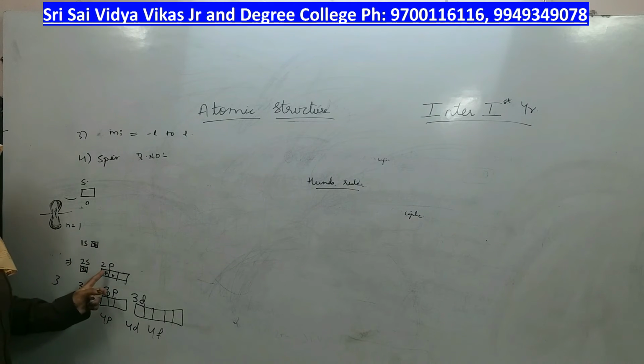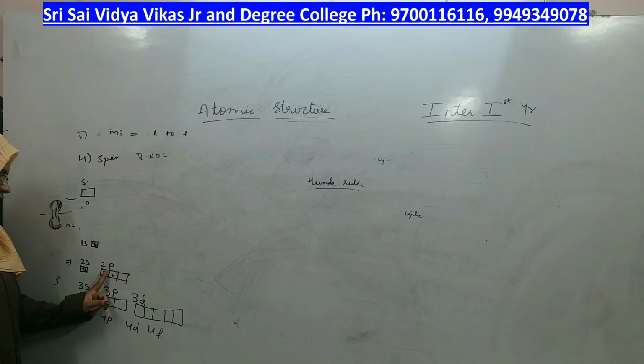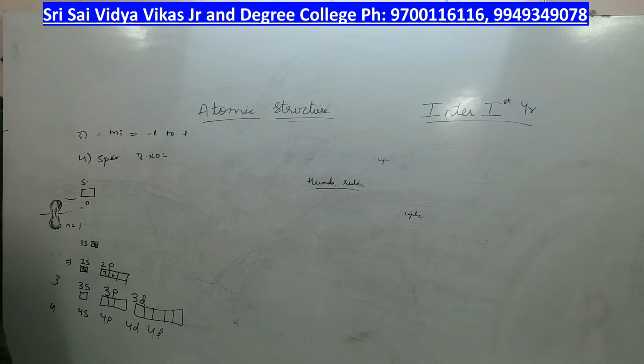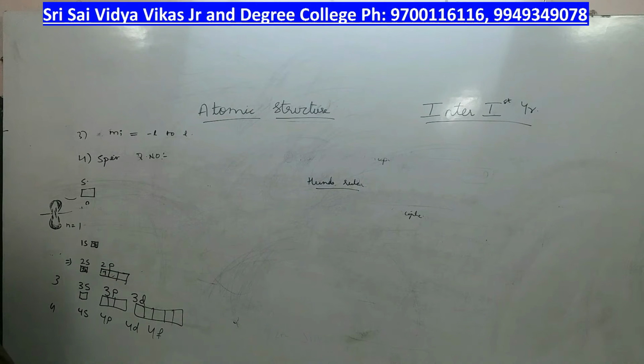Without giving one electron to each orbital, you cannot do pairing of the electrons. Pairing of electrons cannot be done without giving one electron to each orbital of the same subshell.